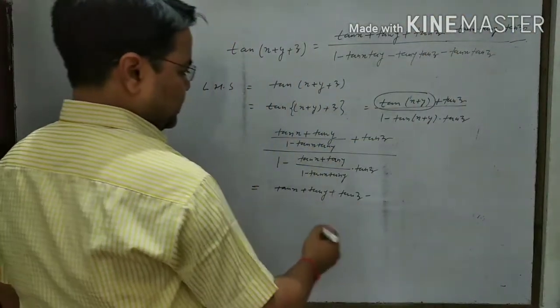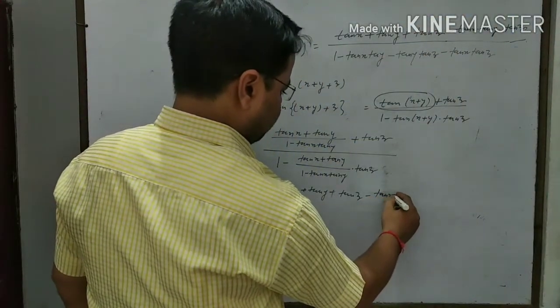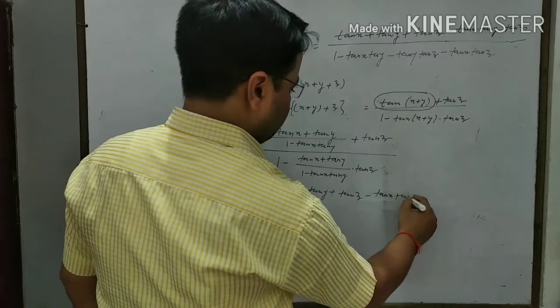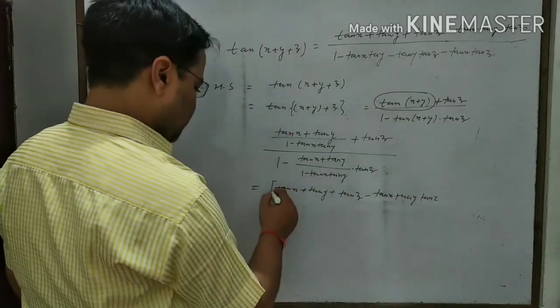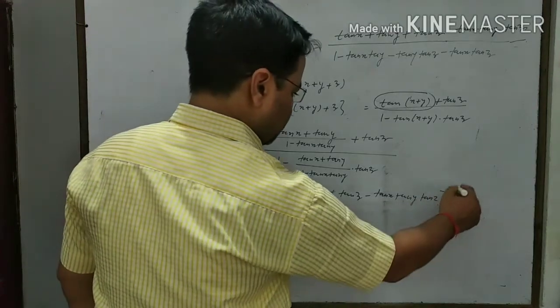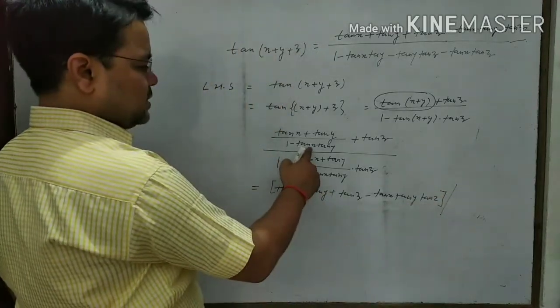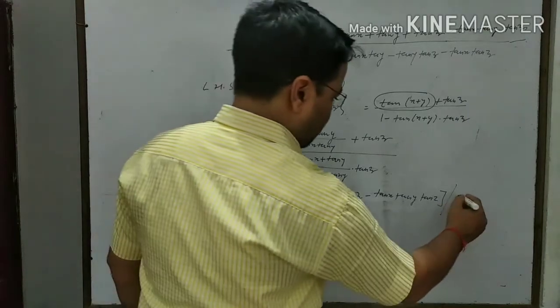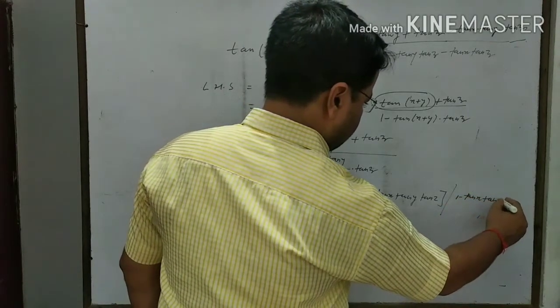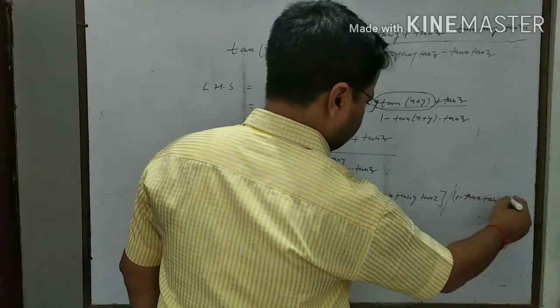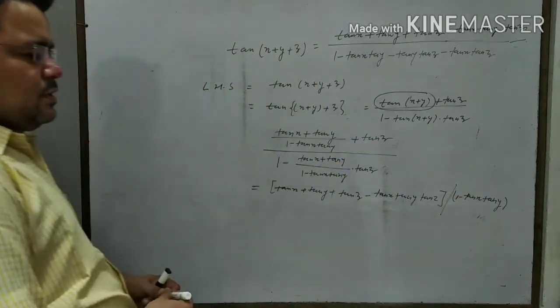It will be here minus tan x tan y tan z. Okay, but in the denominator it will be 1 minus tan x tan y, 1 minus tan x tan y. Okay, like this way.